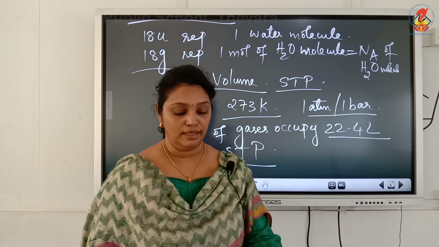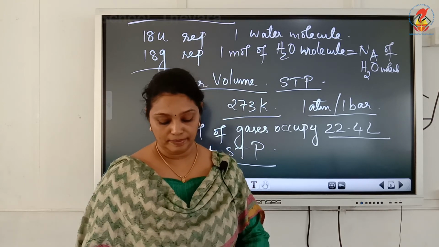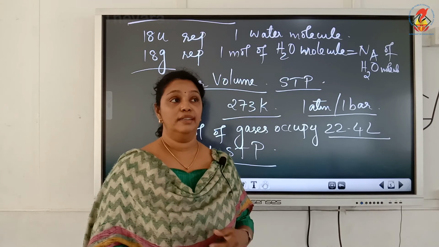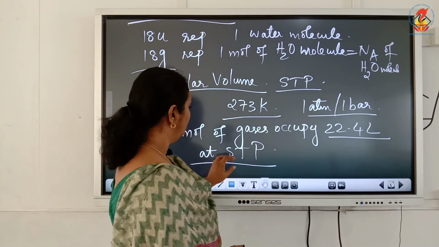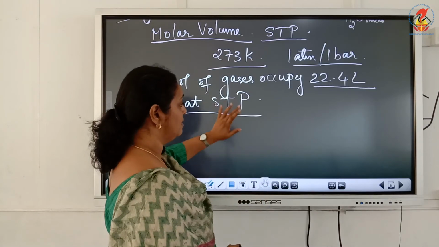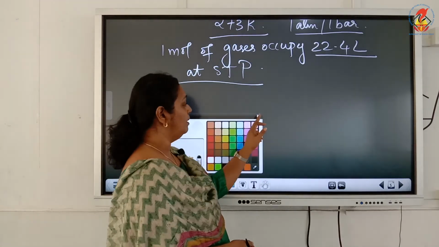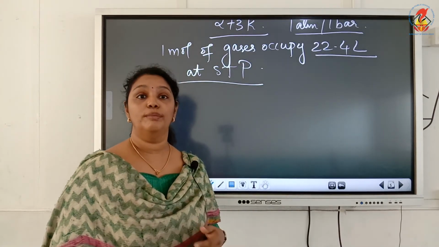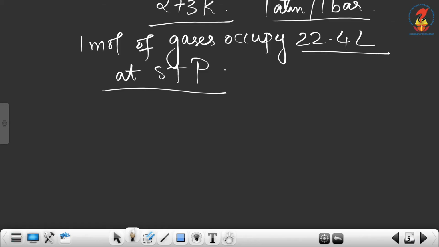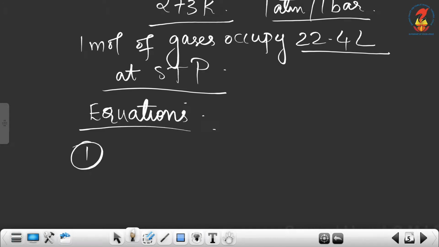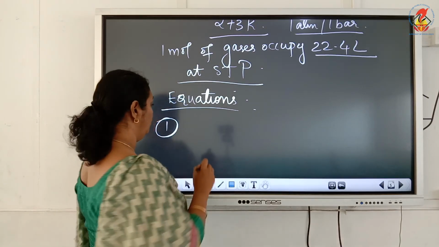Now, the next term coming here is equations. Now, we have 2 important equations which are used in the calculations of moles, in mole concept. The first equation is to find the number of moles.